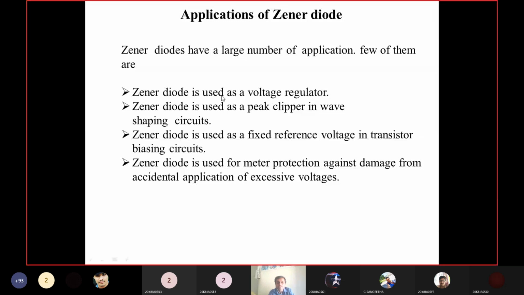Second, Zener diode is used as a peak clipper in a wave shaping circuit. Peak clipper means, suppose you take a sine wave, it will have a certain amplitude above and a certain amplitude below. If you take an AC voltage, it will also behave like a sine wave.